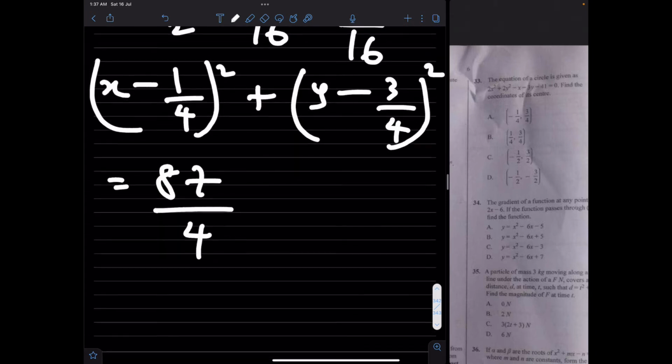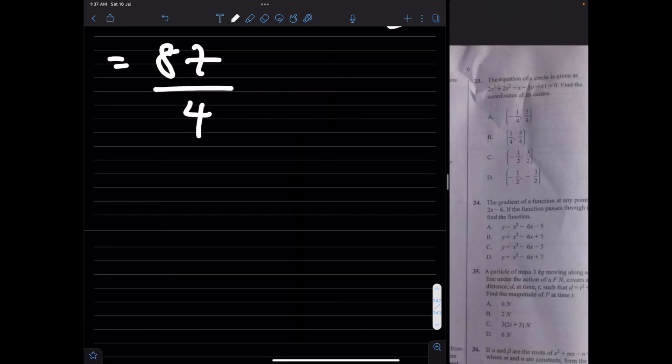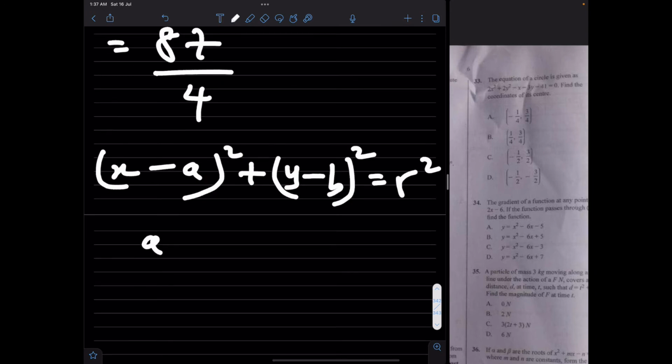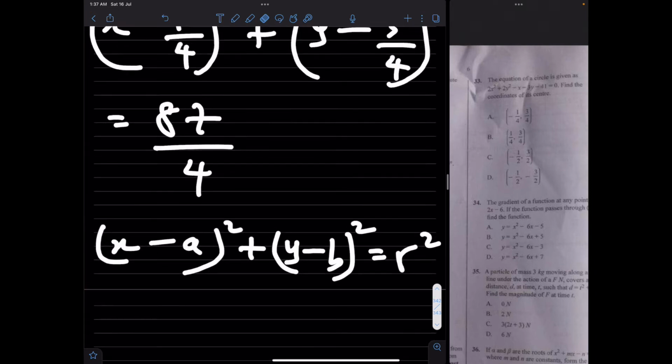Now, we know that the general equation of a circle is written as x minus a all squared plus y minus b all squared equals r squared, where a and b represent the center of a circle. Now we want to compare our equation to that.